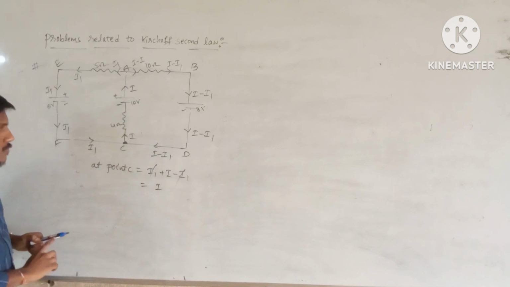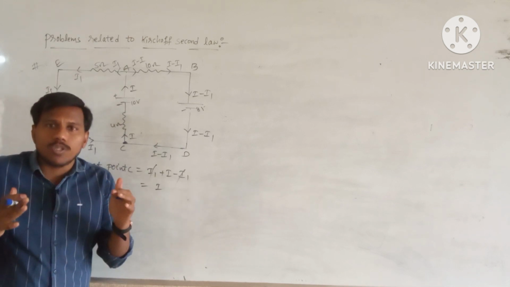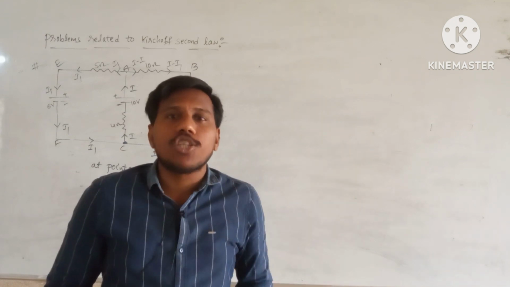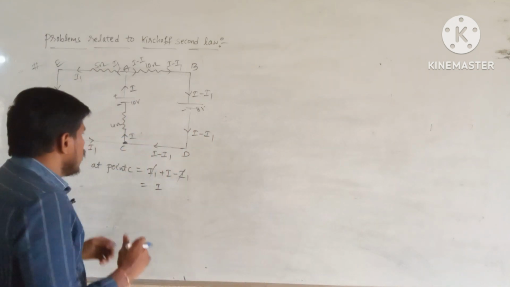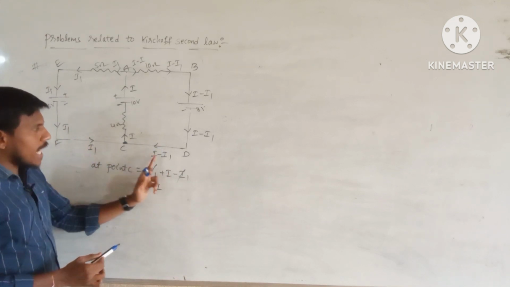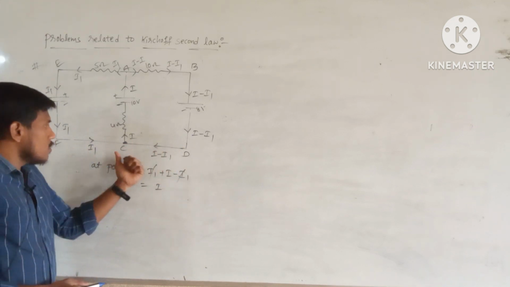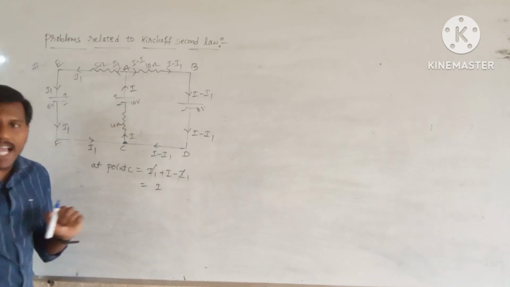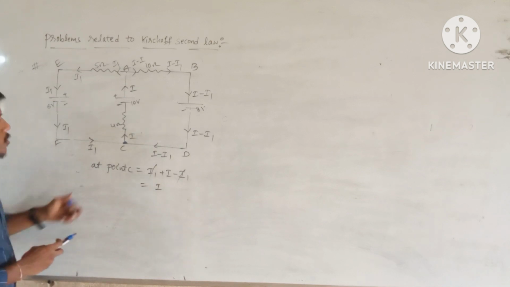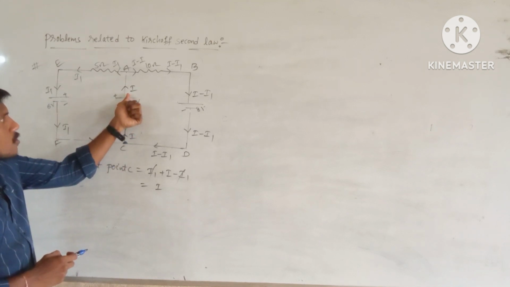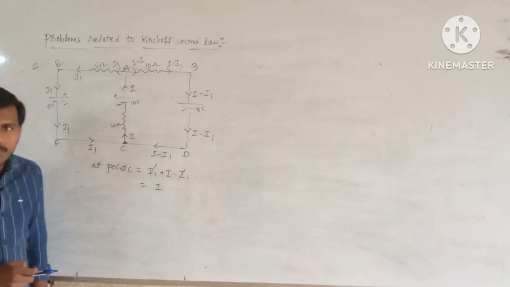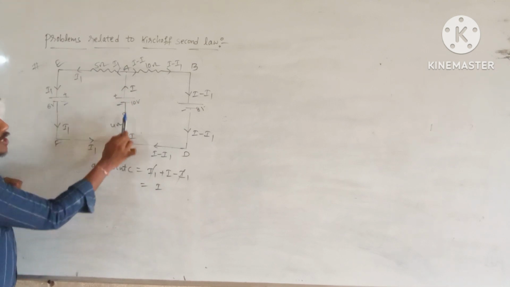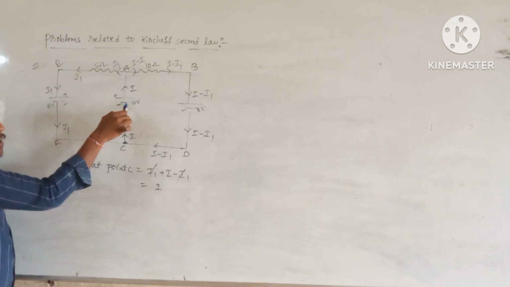I. According to Kirchhoff's current law, the amount of current flowing towards the junction is the same as the amount flowing away from it. So I1 plus I minus I1 is flowing towards point C, and I is going away from point C. Finally this I amount of current should pass into the cell through the negative terminal. So I current comes from the positive terminal, and the same I amount goes into the same cell through the negative terminal.